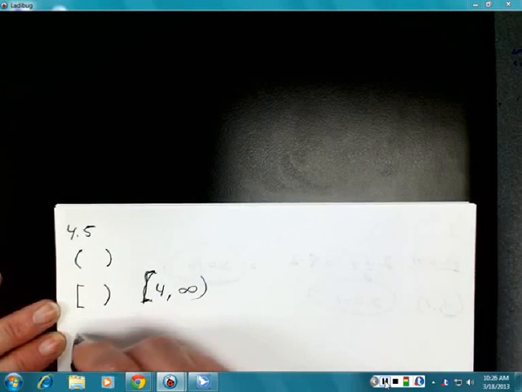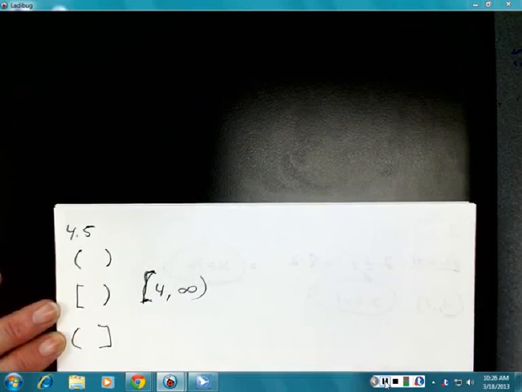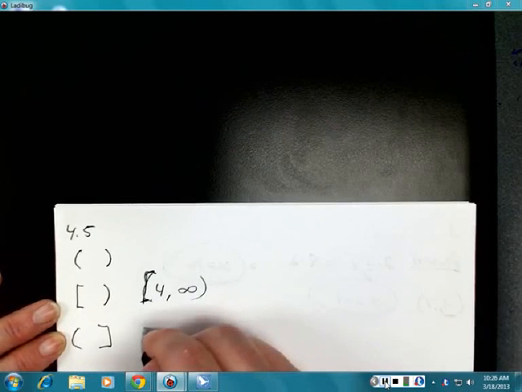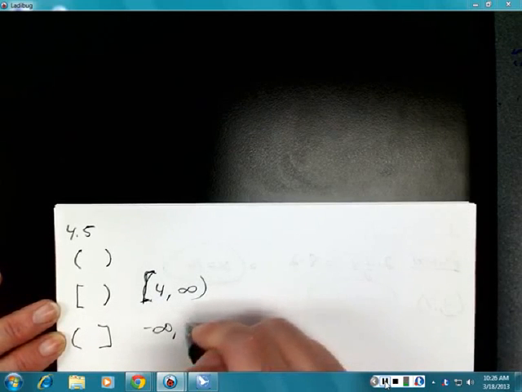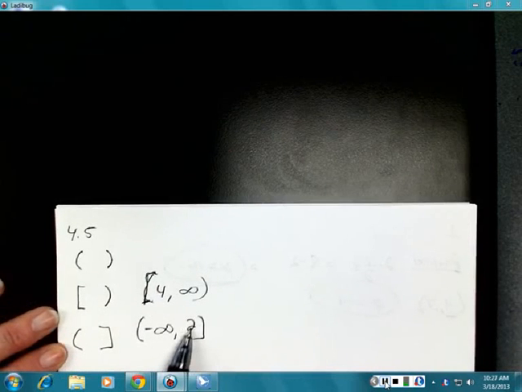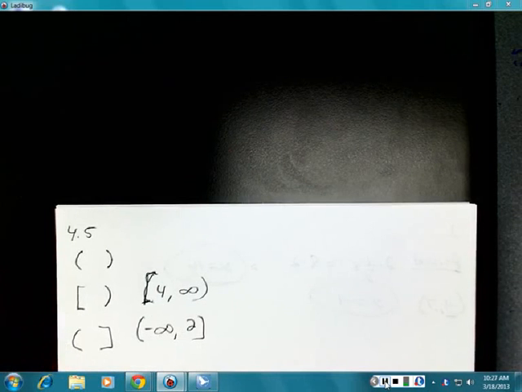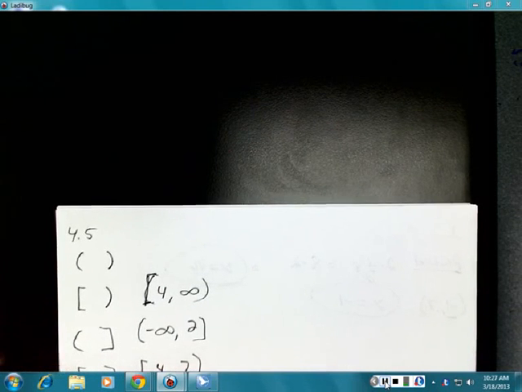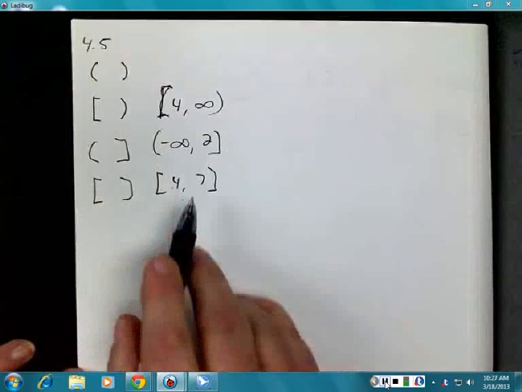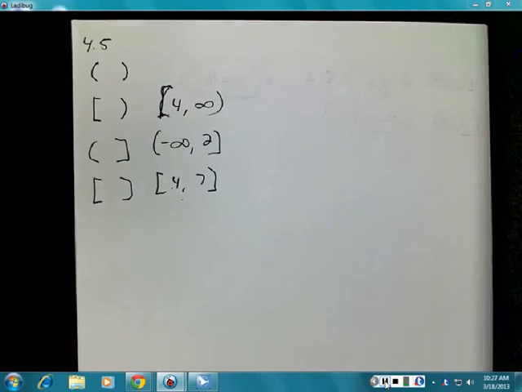The other is that you have a parenthesis and a bracket, and that one's usually negative infinity to 2, meaning that I include the 2, but I don't know where infinity ends, and so I have that piece at the tail end. And then the last one is a bracket to a bracket, and that's usually 4 to 7, and that's saying it only consists of between 4 and 7. Okay? As my pieces to those.